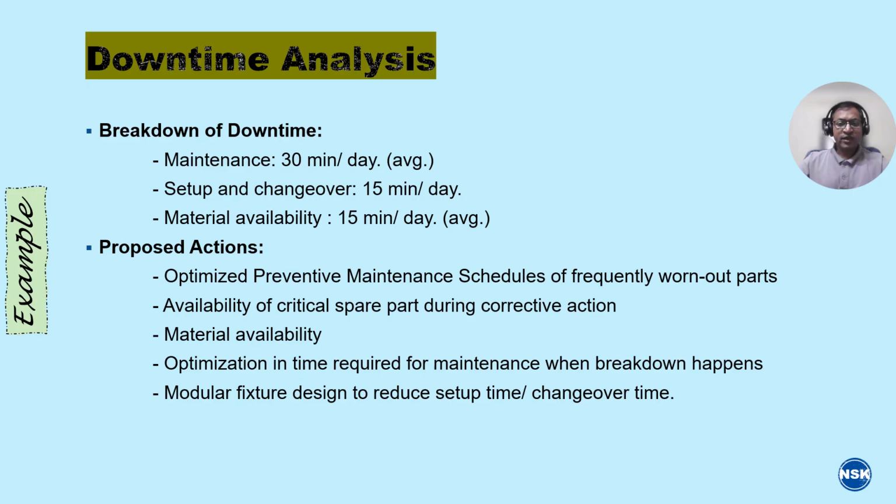Proposed actions are optimizing preventive maintenance schedules of frequently worn out parts, availability of critical spare parts during corrective actions, necessary material availability during maintenance, optimization of time required for maintenance when a breakdown happens, and modular fixture design to reduce setup time, changeover times, etc.